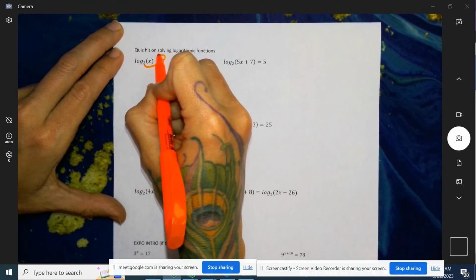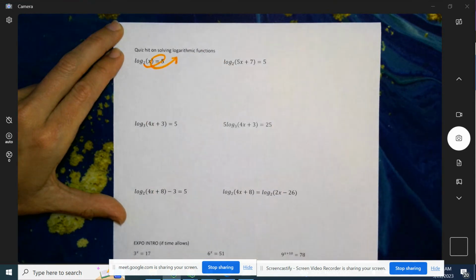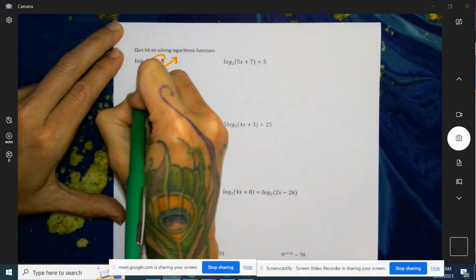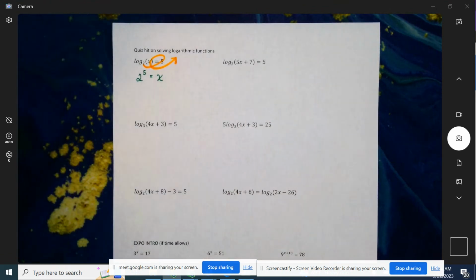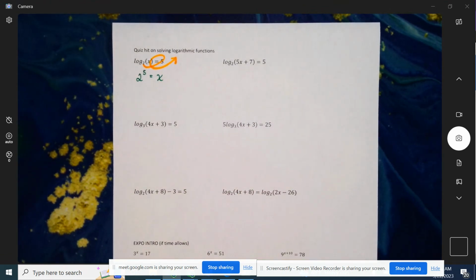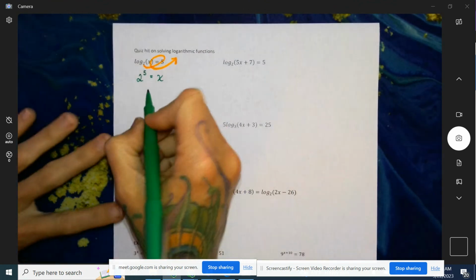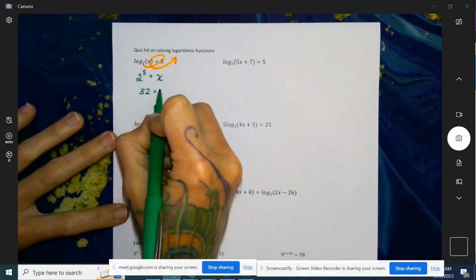Go grab our exponent and come out with our output. So that's going to be 2 in the basement, raised to the 5th power equals unknown. So 2 raised to the 5th power equals what is all this question is asking, even though it says log base 2 of x equals 5. So it's 2 to the 5th power equals what? And that is going to give us 32.